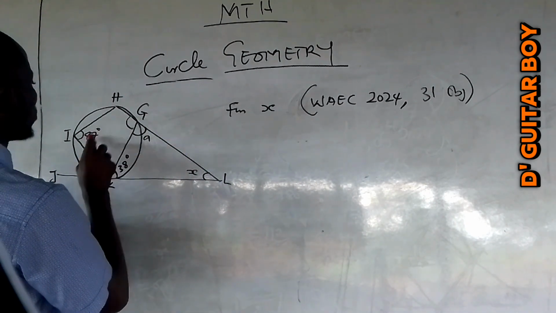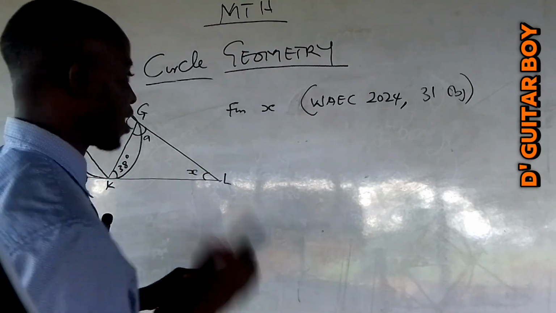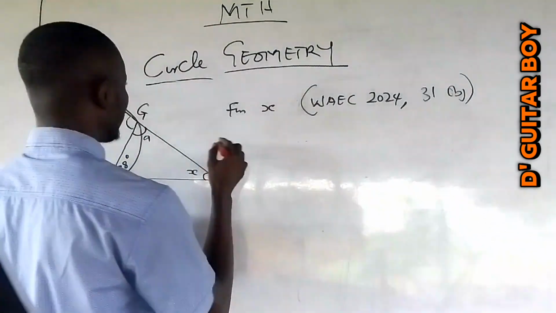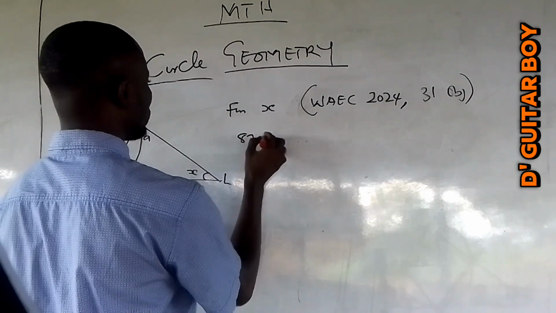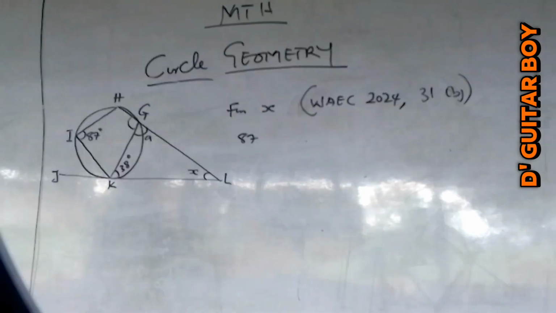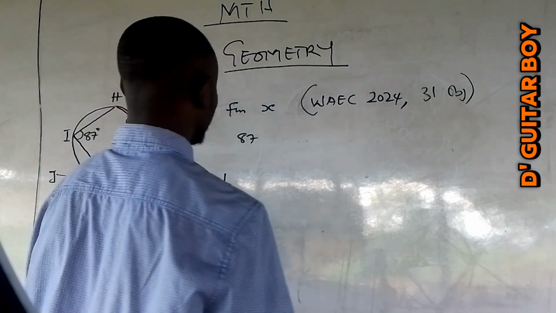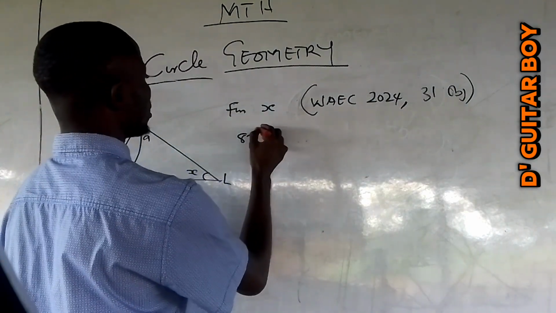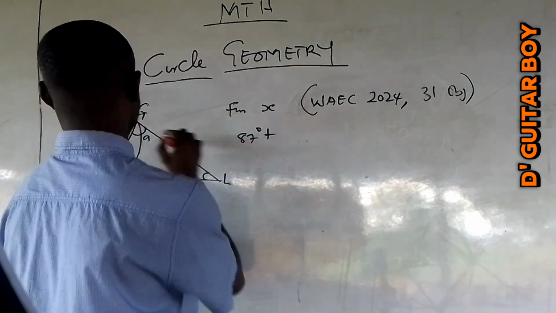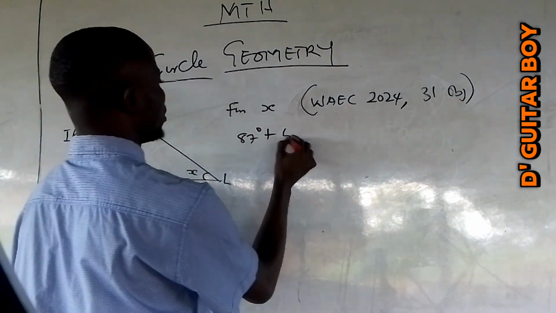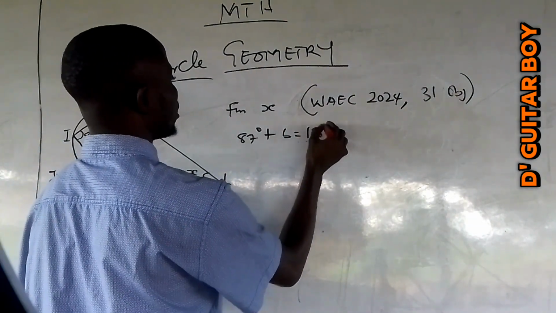When you add the opposite angles together, they are supplementary according to the theorem. So you can say 87 degrees plus, let's say this one is B, is equal to 180 degrees.